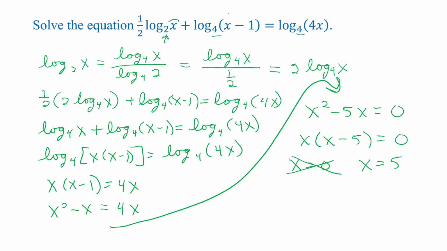In fact, if you plug that into our second argument of x minus 1, it would definitely be negative there. Okay, let's try 5. Plugging 5 in for x is positive. Our second argument, we would have 5 minus 1, which is positive. Our third argument, we would have 4 times 5, which is positive. So our only solution here is going to be x equals 5.